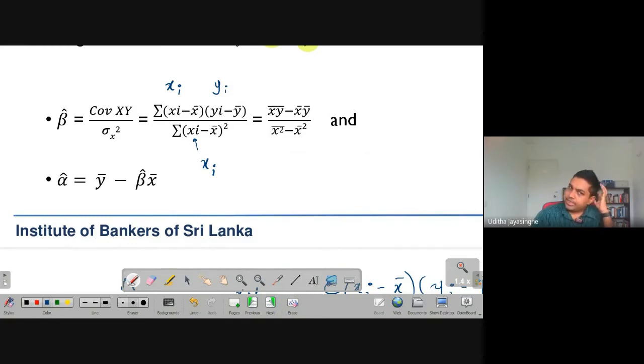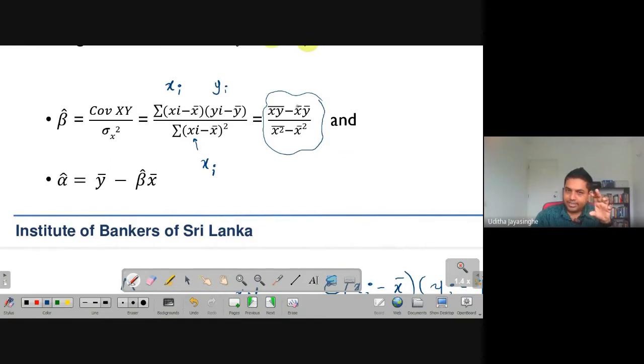The same can be derived in a different way. Now, this is the covariance and variance equation. If you resolve it in a different way, this particular form that you see here can also be utilized. What are these? x into y, the multiplication of individual x's and y's, and then you take the average of it.